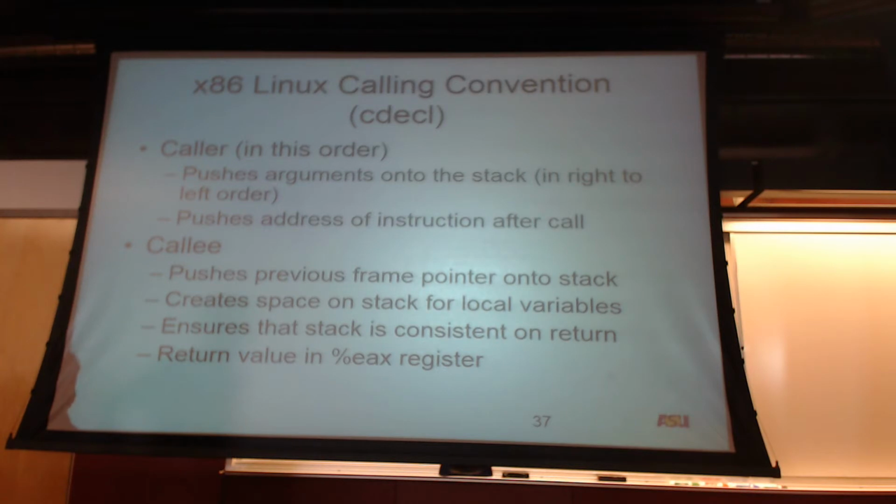I can pop in a different way. Pushing, popping is in my control, right? I could have pushed from left to right and still popped in a different way and gotten the arguments. Convention. So every convention has a reason. What do you think the reason can be?